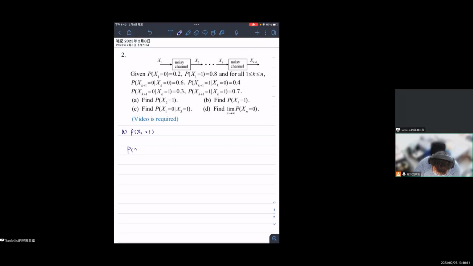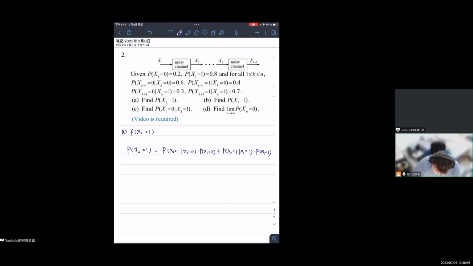For the probability of x2 equals 1, we need to calculate the probability of x2 equals 1 conditioned on x1 equals 0, multiplied by the probability of x1 equals 0, plus the probability of x2 equals 1 conditioned on x1 equals 1, multiplied by the probability of x1 equals 1.